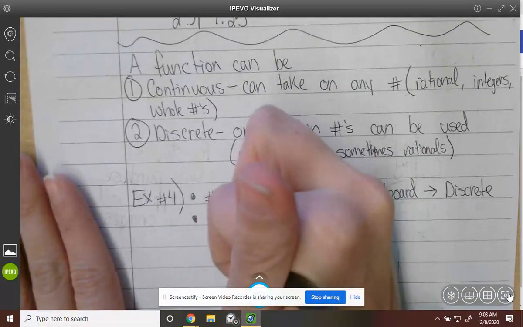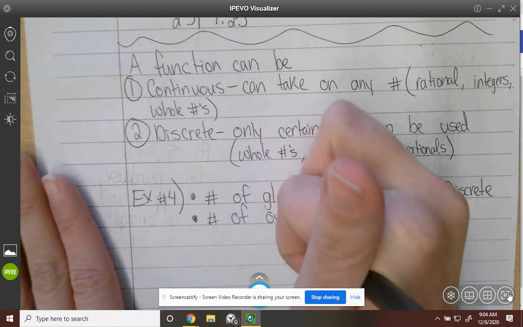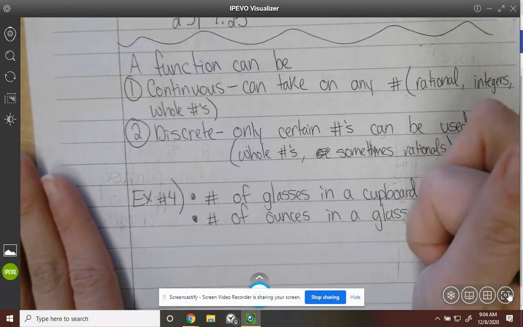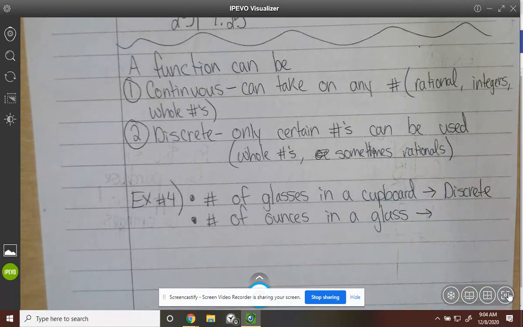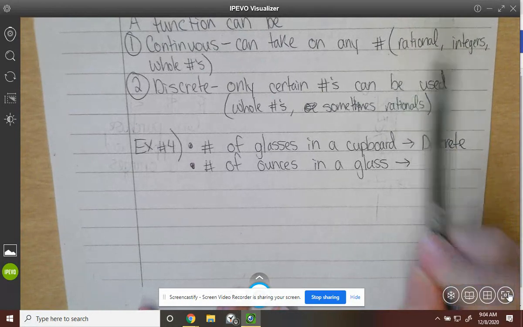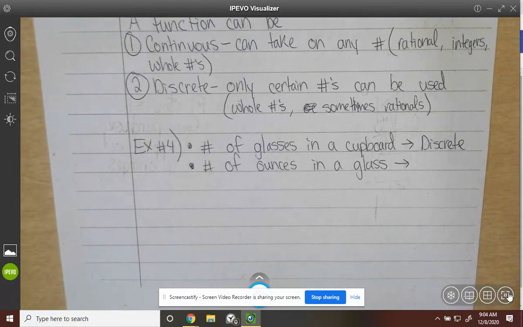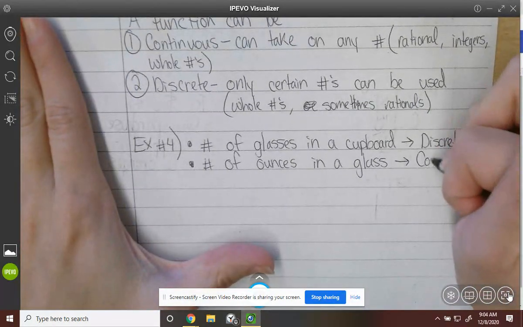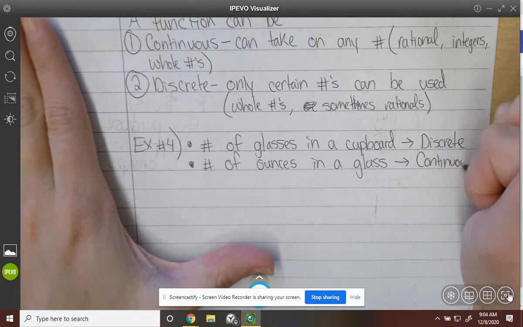Let's do number of ounces in a glass. Now, ounces could take on a decimal, right? I could have 1.35 ounces in a glass. So it's going to be continuous because it could be a decimal.